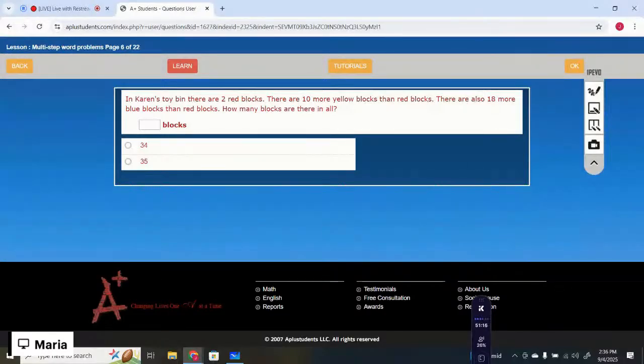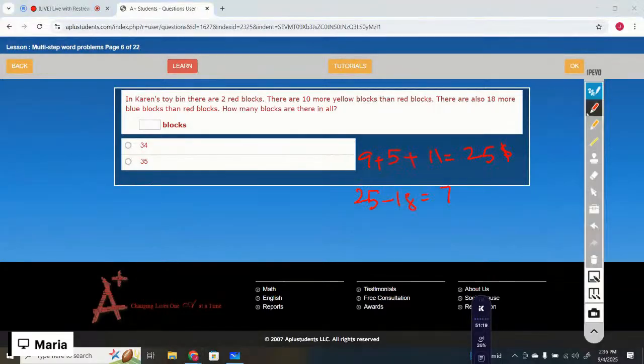In Karen's toy bin, there are 2 red blocks and there are 10 more yellow blocks than red. So 2 red blocks, right? Yellow blocks are 10 more than red. So 10 plus 2 is 12. There are also 18 more blue blocks than red.